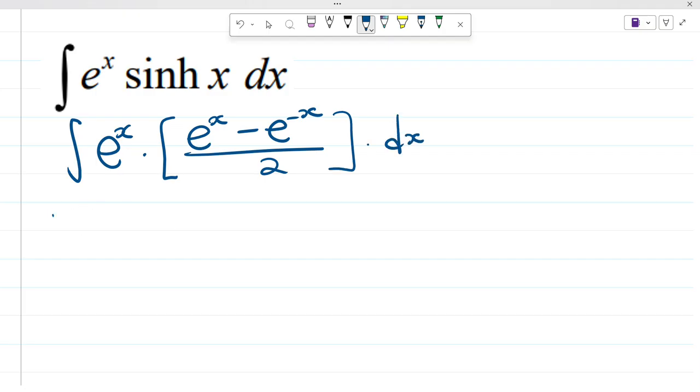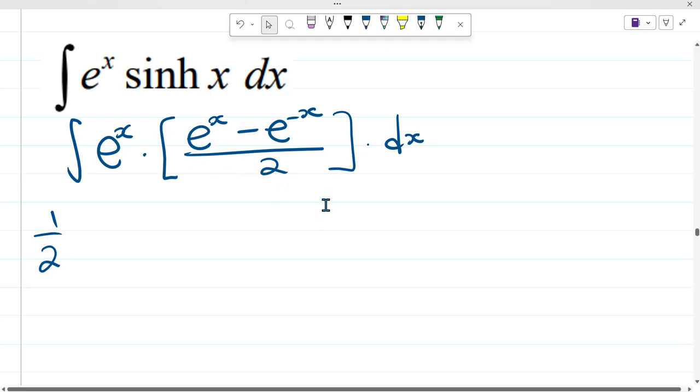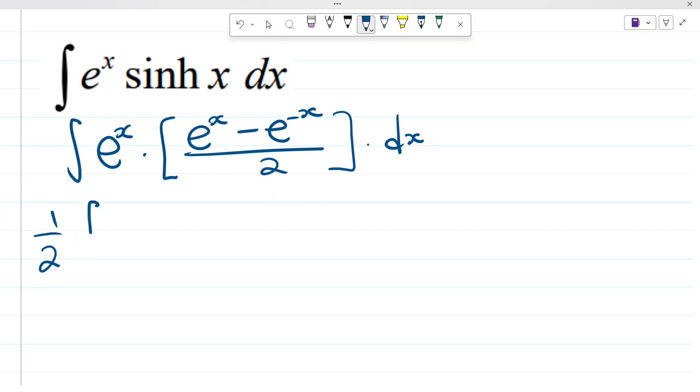And then from here, you're going to take the 1 over 2 out. Hence, I took it out there. Then you multiply this e to the power x, multiply these two terms. So it's going to be e to the power 2x for the first one, minus e to the power 0, which is the same as 1.